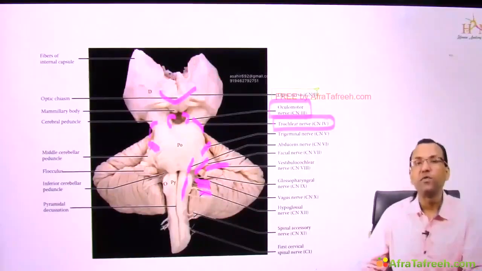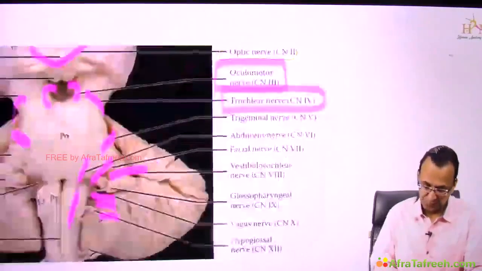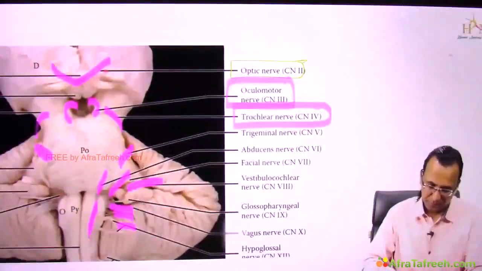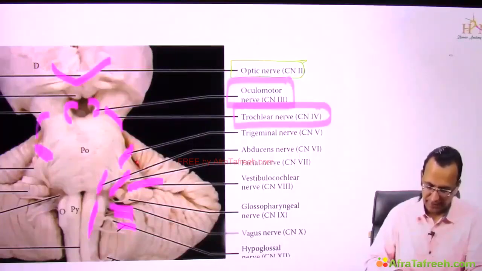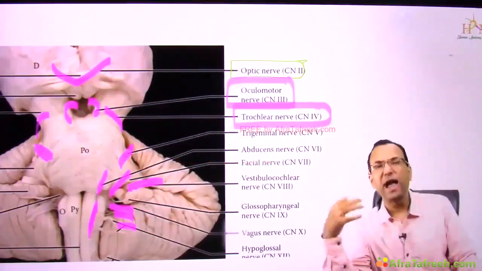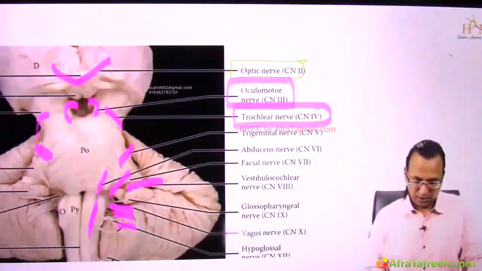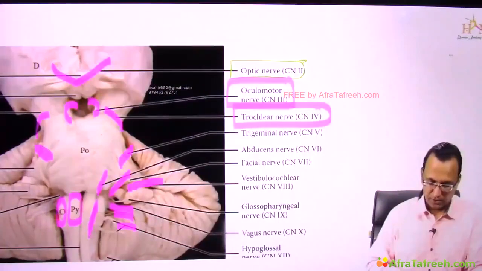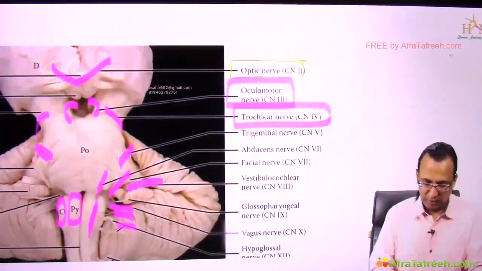This is the front view of the brainstem, actual brain. So that is the number 2, this is the number 3, this is the number 4, this is the number 5, this is number 6, 7, 8, and then 9, 10, 11, and 12, just to have some orientation in the actual brain. This is the pyramid, which is more anterior, that is the olive, which is more posterior. They are present on the front side of the medulla oblongata. This is the pons. And here you have the crus cerebri of the midbrain.